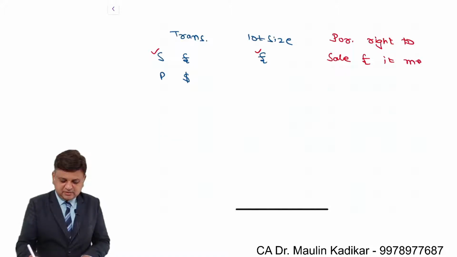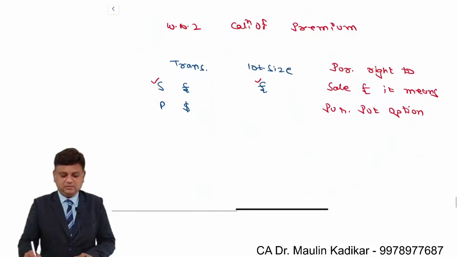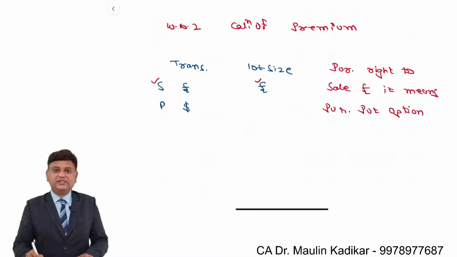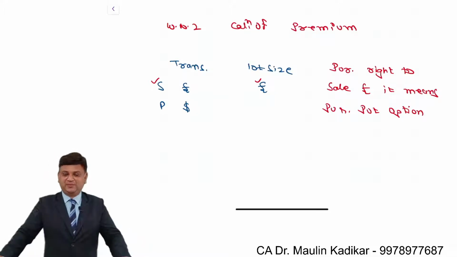It means purchase put option. That is what we understand. So basically you need to understand over here that you will purchase right to sell pound. So purchasing right to sell means you will purchase put option.